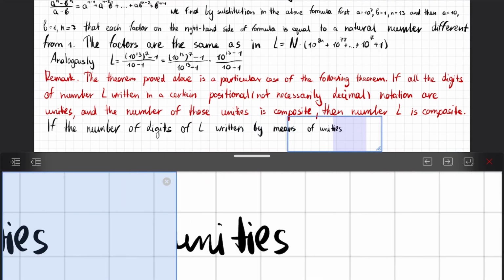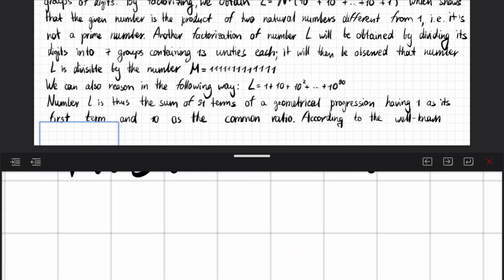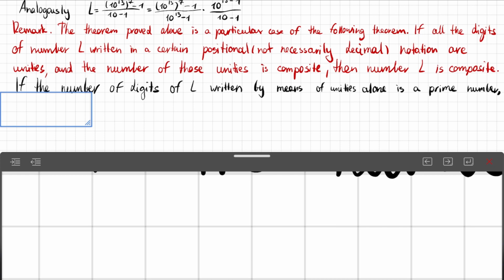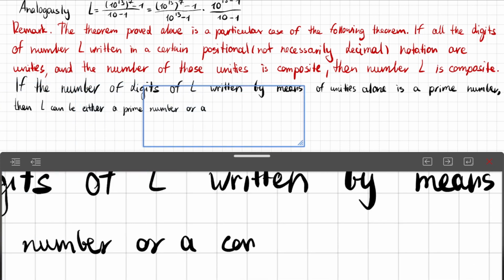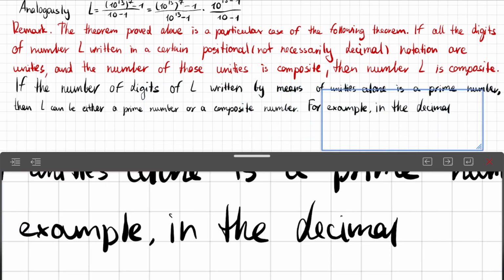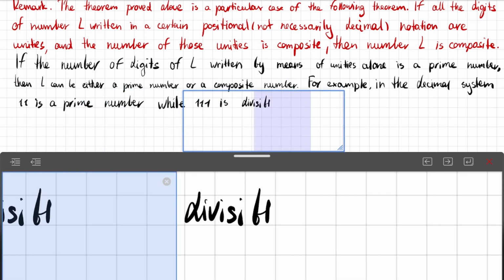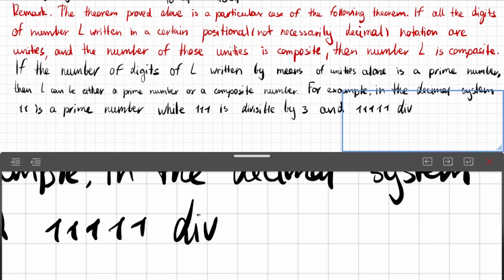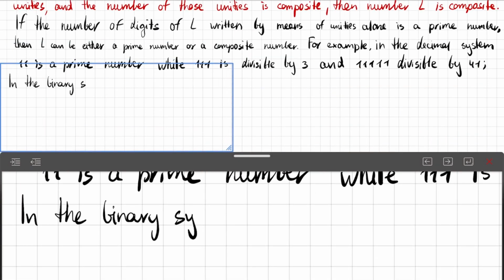And by the way, the inverse theorem isn't true. So, if the number of digits of L written by means of unities alone is a prime number, then L can be either a prime number or a composite number. For example, in the decimal system, 11 is a prime number, while 111 is divisible by 3, and 11,111 is divisible by 41.